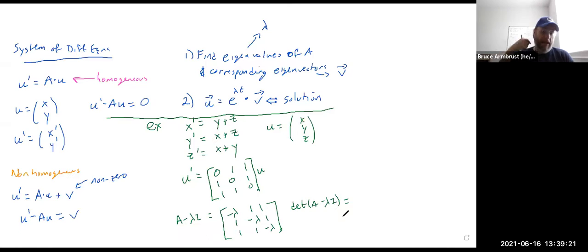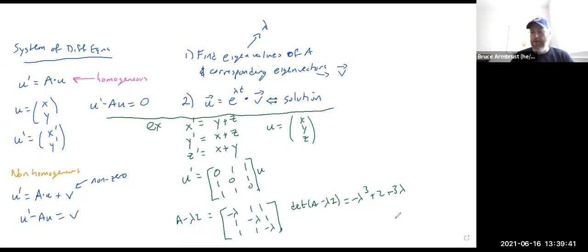So here's where we can play asteroids, or your favorite method of finding the determinant, but I'm just going to play asteroids. So I get minus lambda cubed plus 1 plus 1, so plus 2. And then I'm going to get minus a negative lambda, minus another negative lambda, and minus another negative lambda.